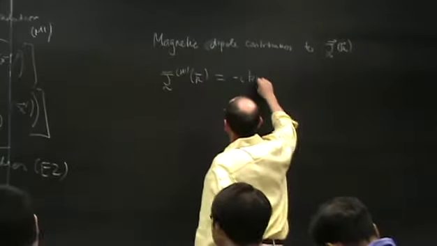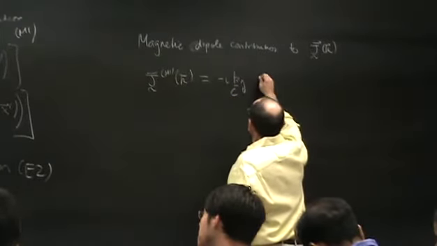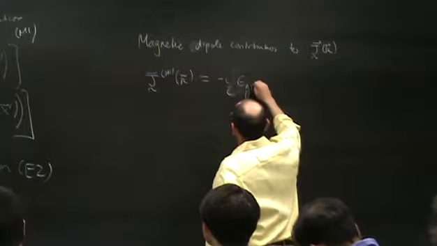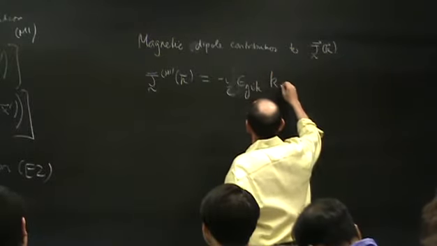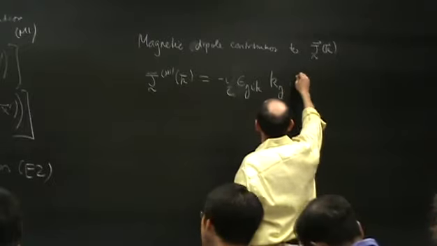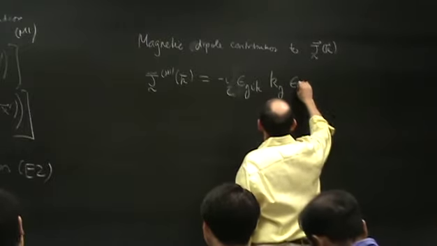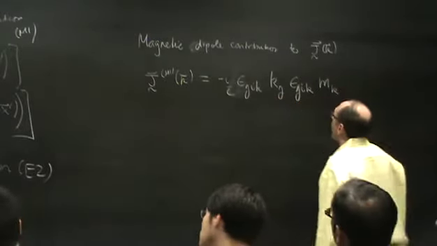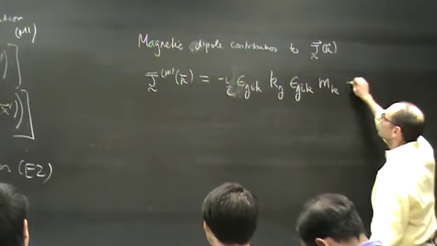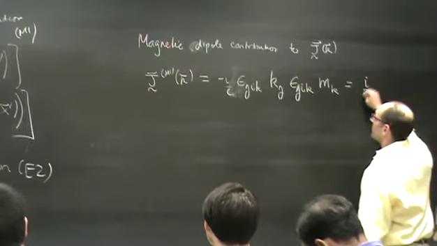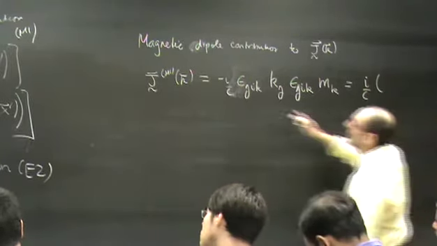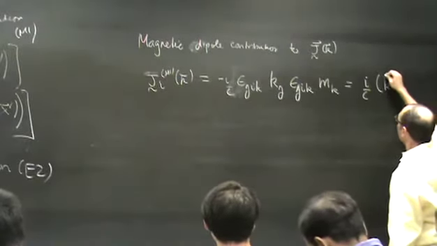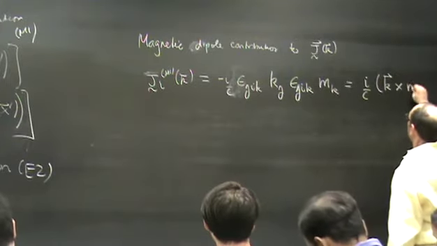minus i, the jth component goes over c, epsilon j i k, a different k, so epsilon j i k m sub k, which is i over c, the ith component of this k cross m naught.